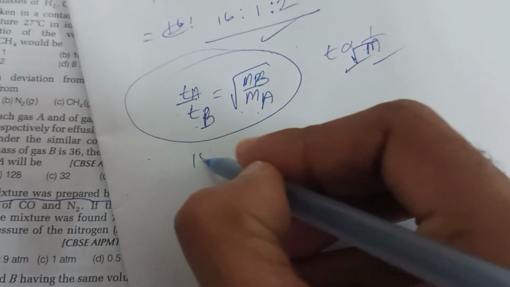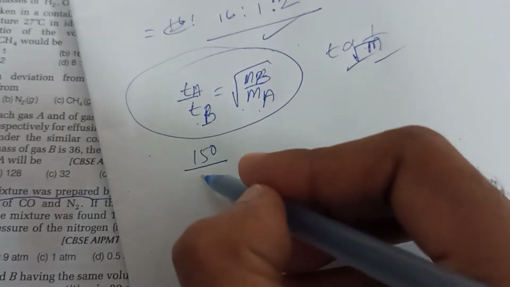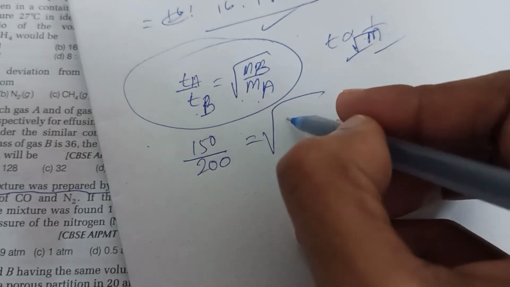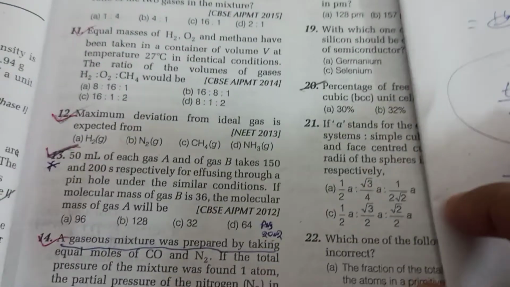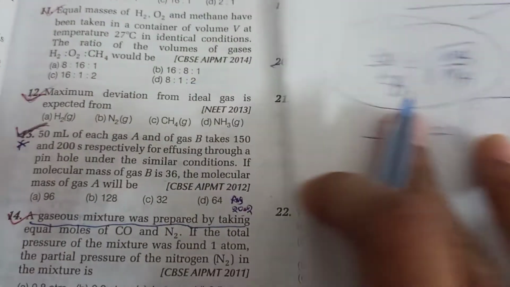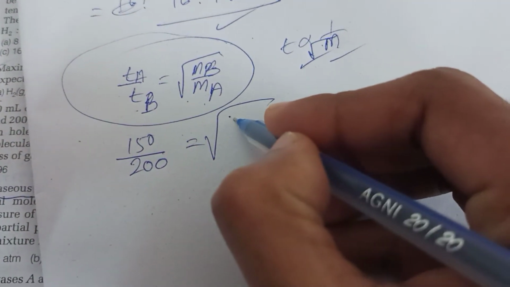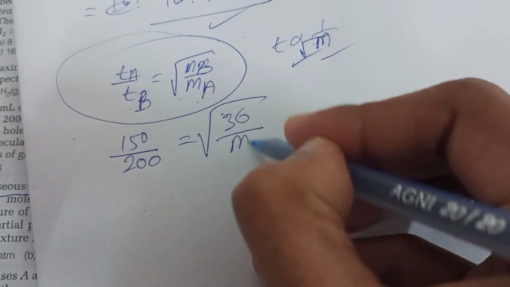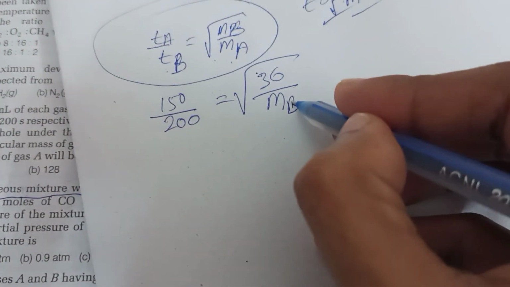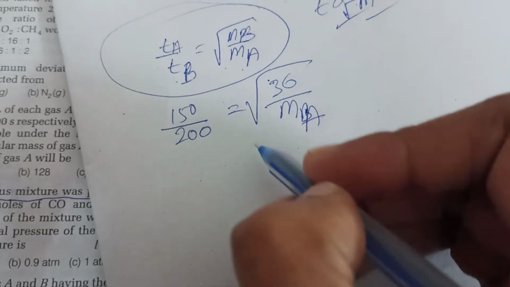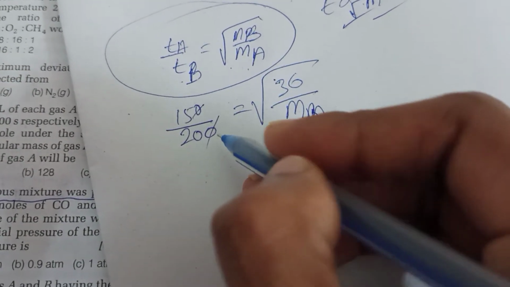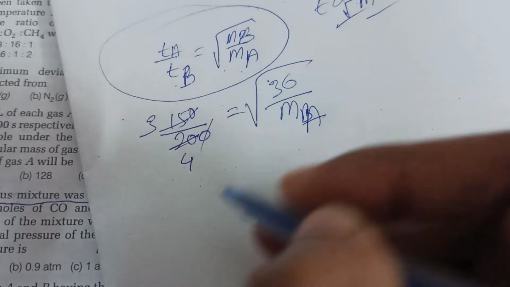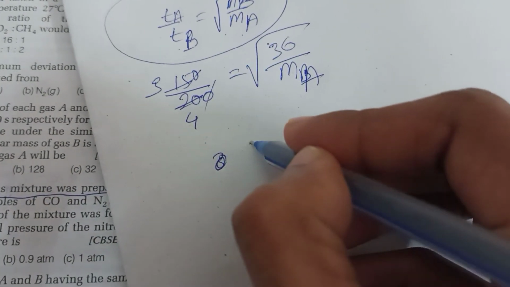TA is equal to 150 and TB is equal to 200, and root over MA by MB, where MB is 36. Now calculate: 150 by 200, cancel the zeros, 3 by 4.